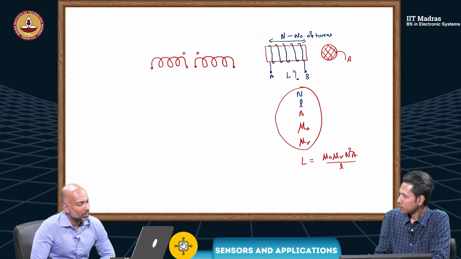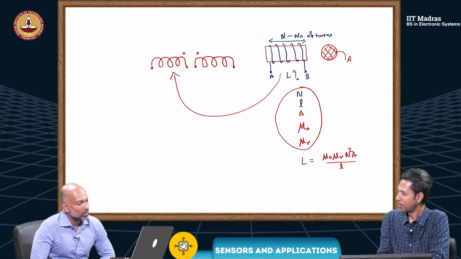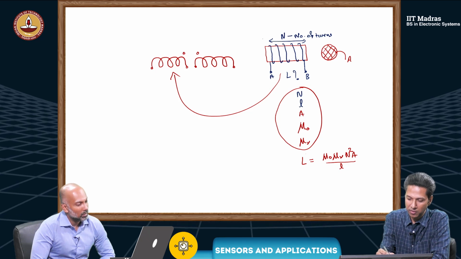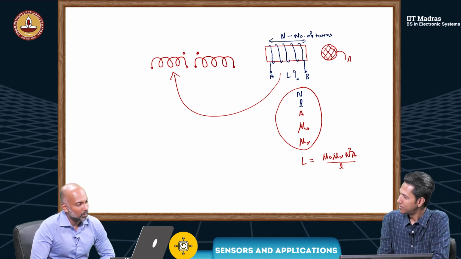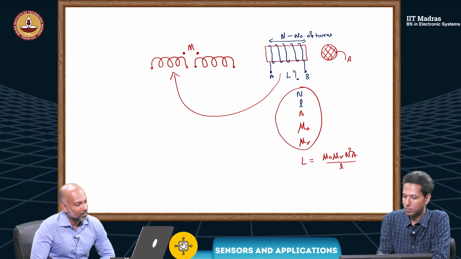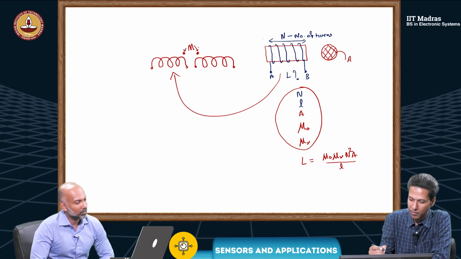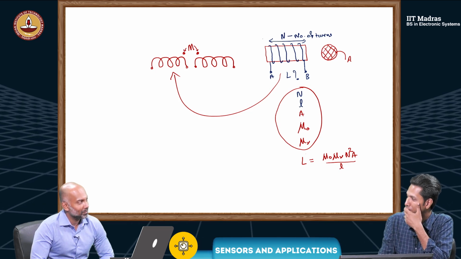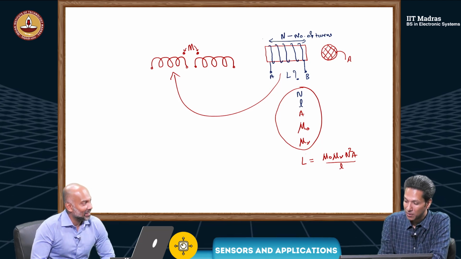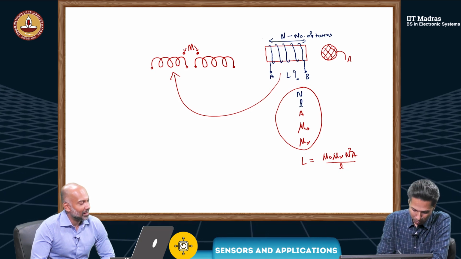If you have just one inductor we show this; if I have one more nearby in the physical vicinity, sometimes we show some dots, and sometimes people also mark some M there. What you meant is, this is the mutual inductance.